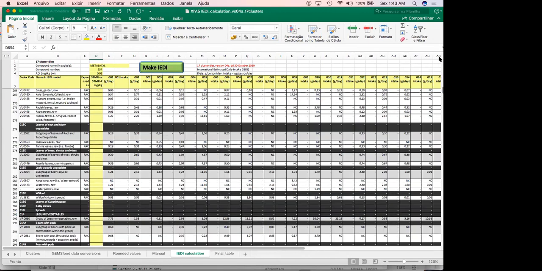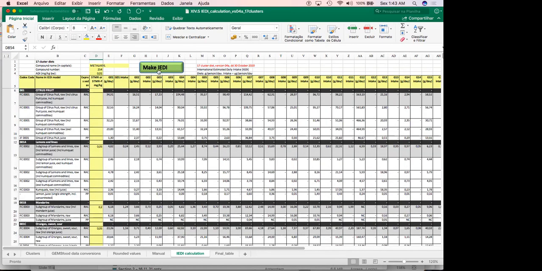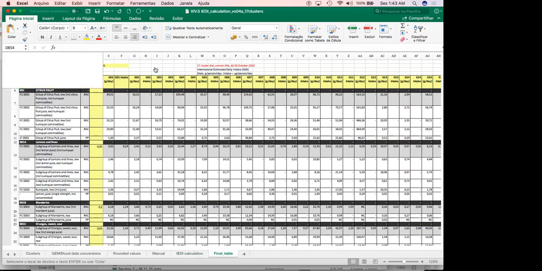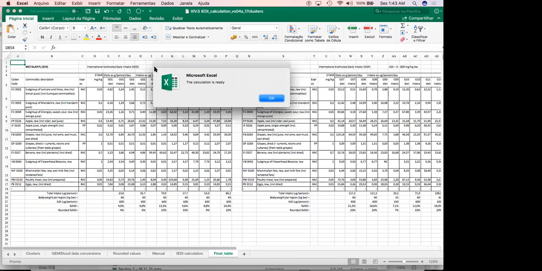And then when you enter all the numbers, you just press here, make an EDI. It will apply the macro and give you a final table. Hopefully it will work. Let's wait a little bit. Should work. The calculation is ready.